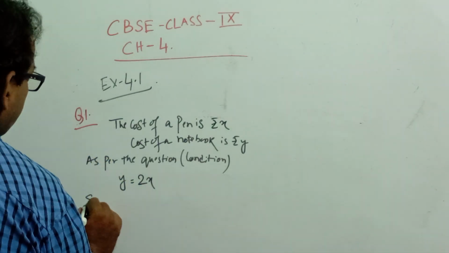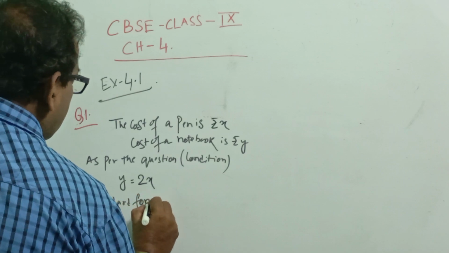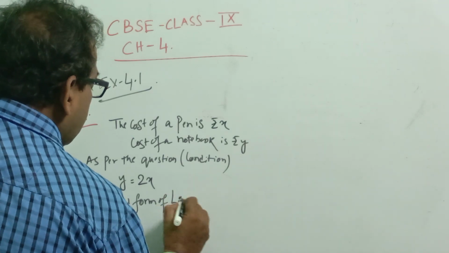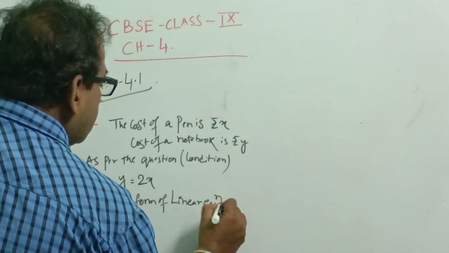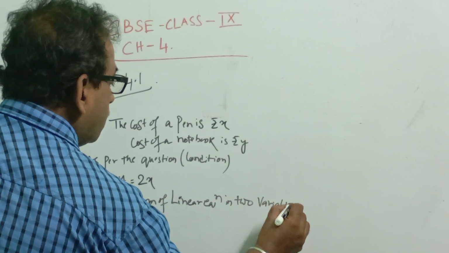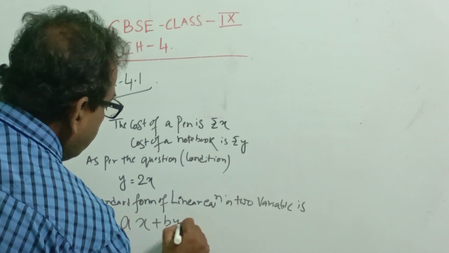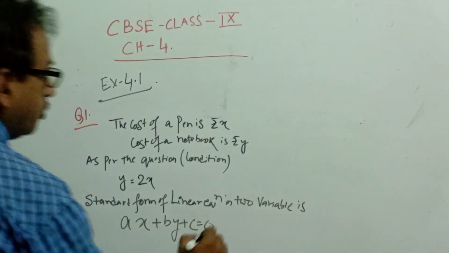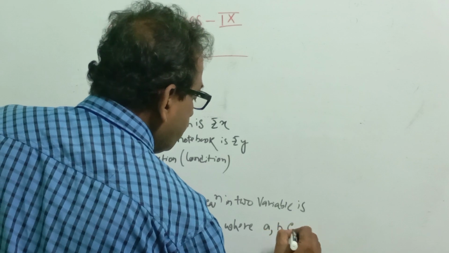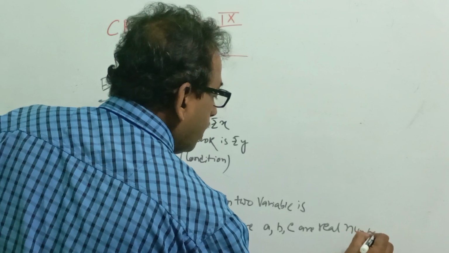Now standard form of equation. You have to write that the standard form of linear equation in two variables is ax plus by plus c is equal to 0, where a, b, c are real numbers.